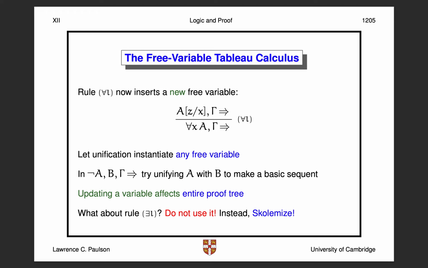What we do now is we say, when we do for all on the left, instead of your having to think up a particular term, as has always been the case until now, you're now going to plug in a new variable, let's say z in this instance, and then when you do a basic sequent, you allow z to be changed by unification.